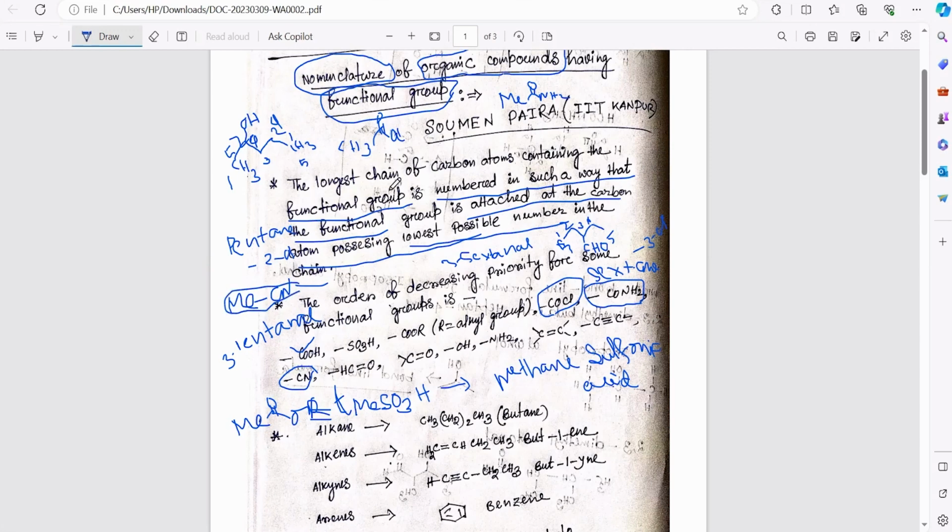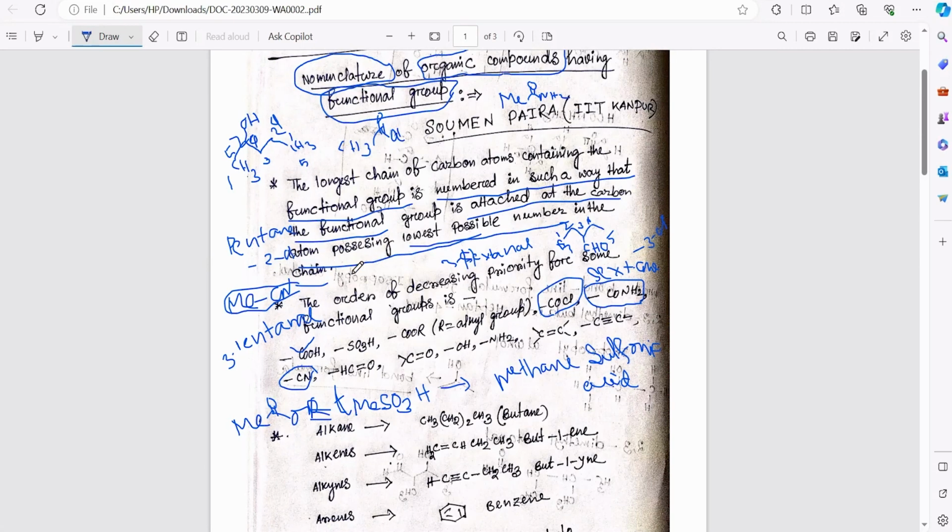Now, as I was discussing the aldehydes: 3-pentanal, 2-pentanal, and 3-hexanal. If any molecule contains six carbons, you can say hexanal. Any molecule containing the aldehyde group, CHO, you can call an -al.